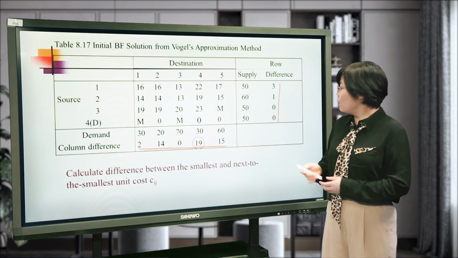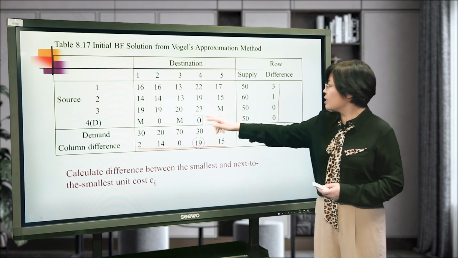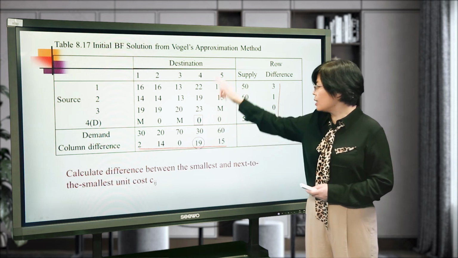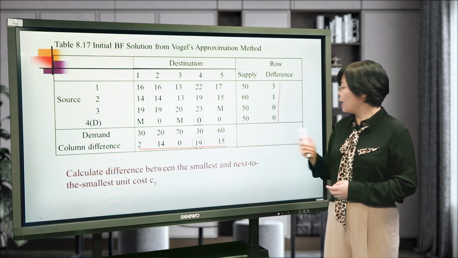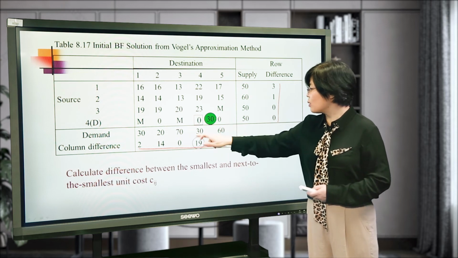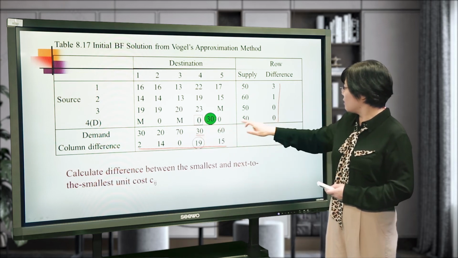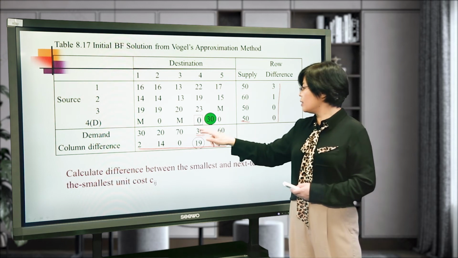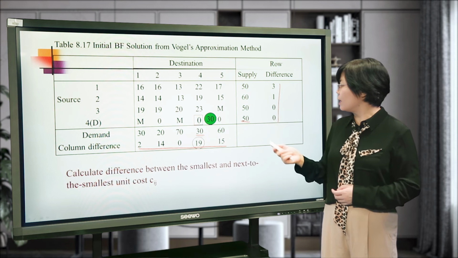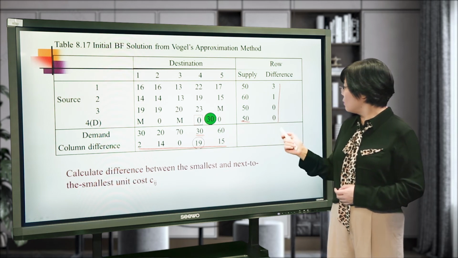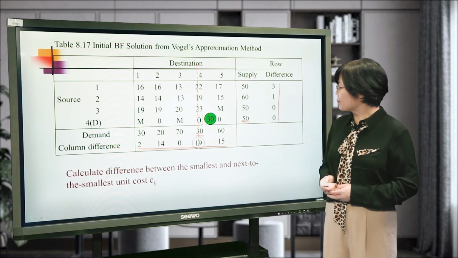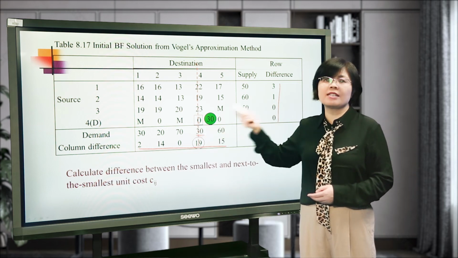So we select the smallest cost in this claim and allocate 30, because here is 30 and 50, we select the smaller one, so allocate 30 here. Then we eliminate this claim because the demand is satisfied.